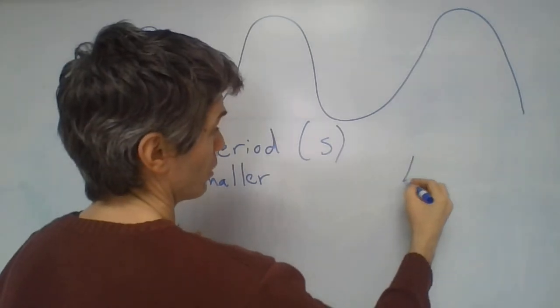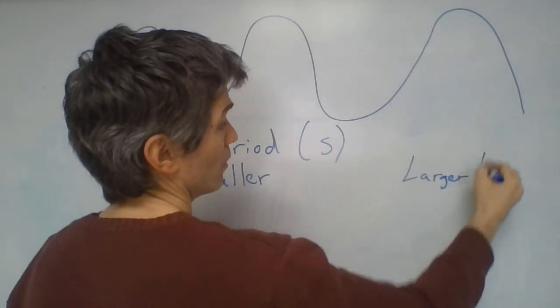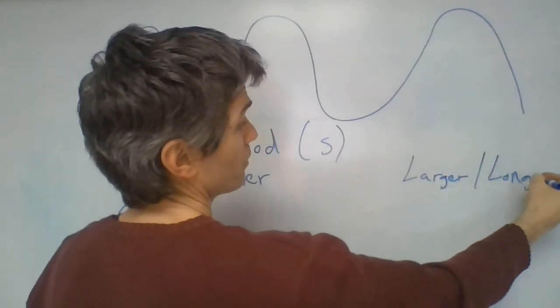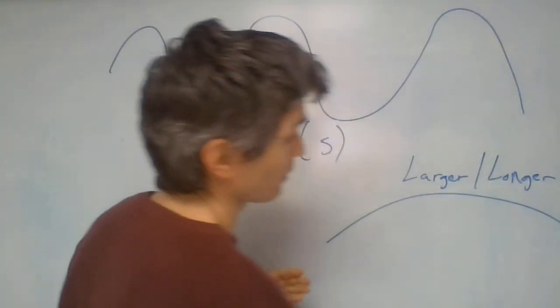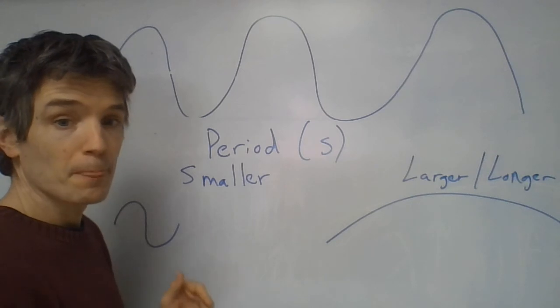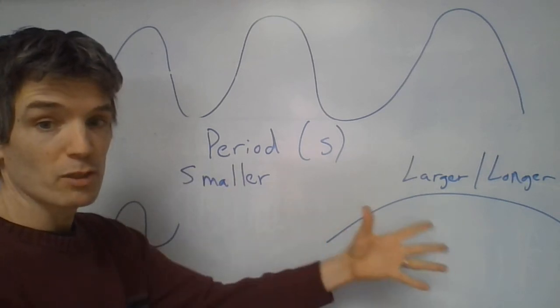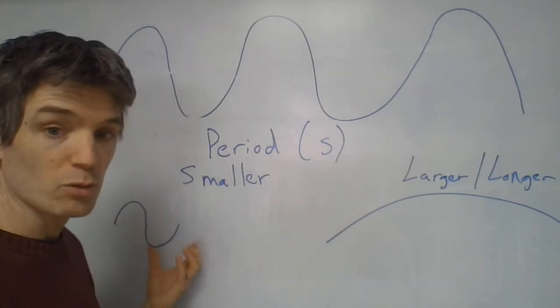To get a larger period or longer, because it's a unit of time, you're going to spread the wave out. All right? So to make a longer period, you spread the wave. To make a smaller period, you'd crush the wave.